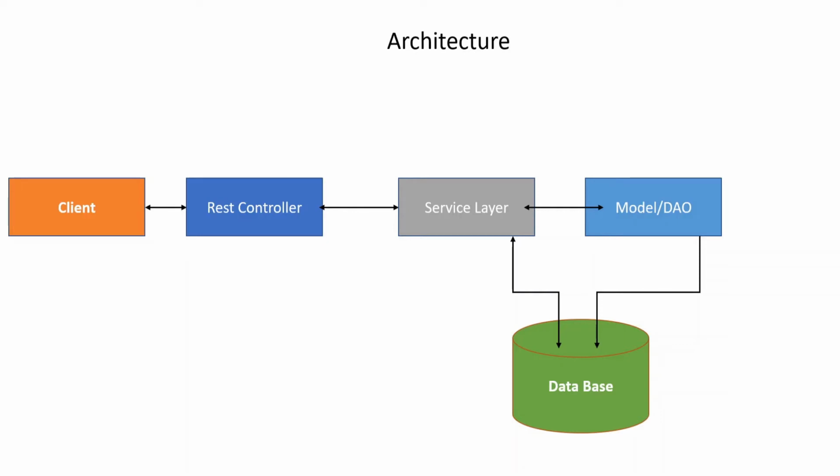The entity based ORM, object relational mapping, as you might have heard, is mapped over here, and thereafter it persists to the database. After persisting to the database, it returns the status to the service layer, then to the REST controller, and the REST controller returns it to the client.